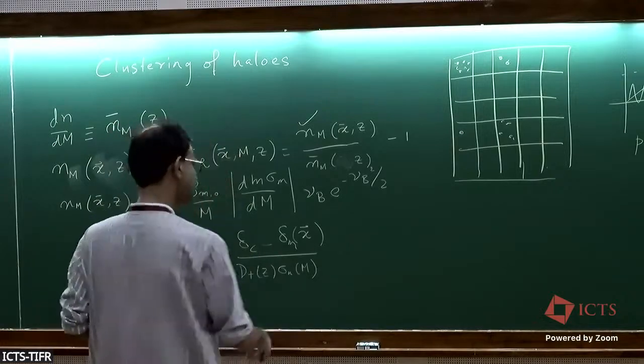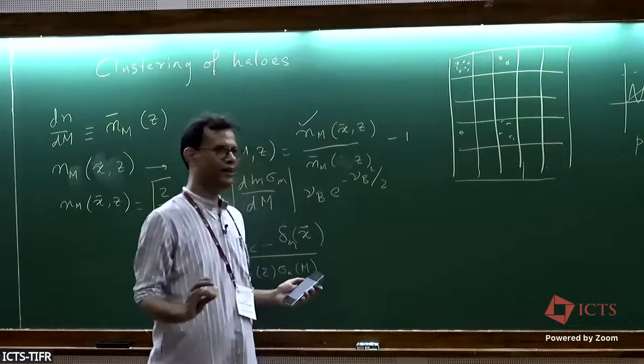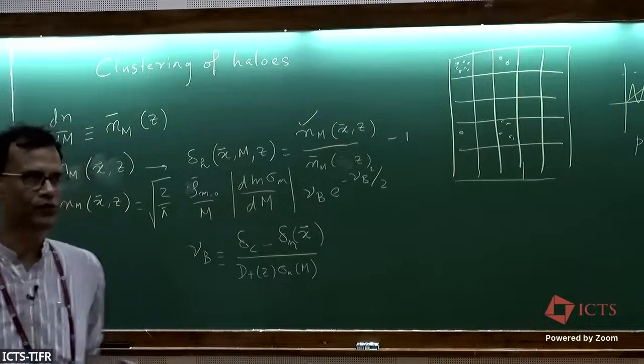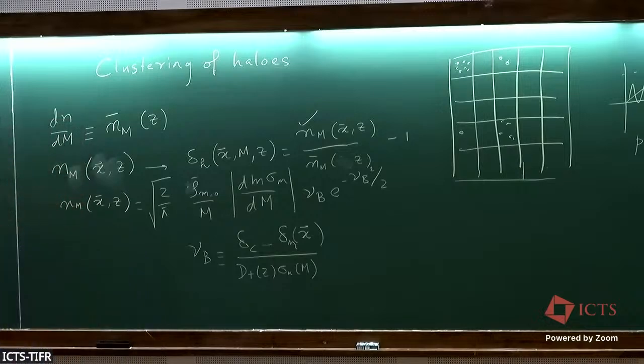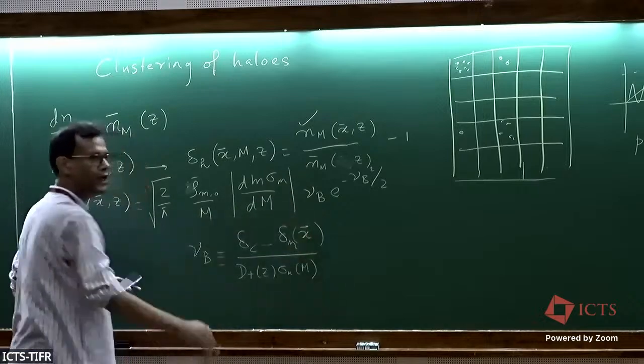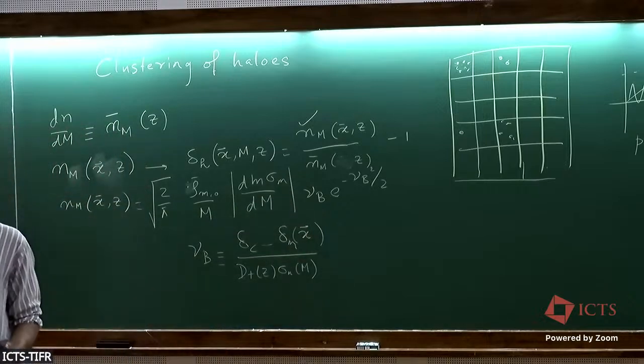And vice versa, if delta m is negative, then you are doomed. You have to cross so much that it will become very difficult to form halos. So this is the expression for halo density as a function of the underlying density field.